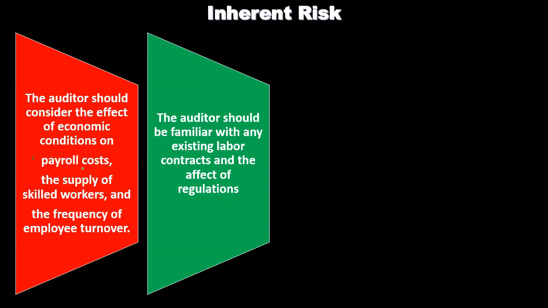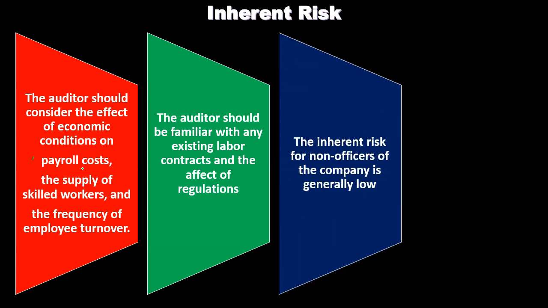The auditor should be familiar with any existing labor contracts and the effect of regulations. So we could have labor contracts that are currently in place. If we have unions involved in the type of organization that we're dealing with, then of course the long-term labor contracts are something that we want to have in consideration and could increase riskiness in terms of whether there's volatility in those contracts or not, and how those contracts are set up.